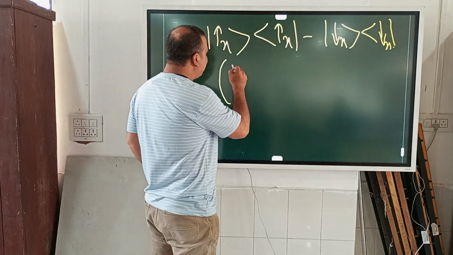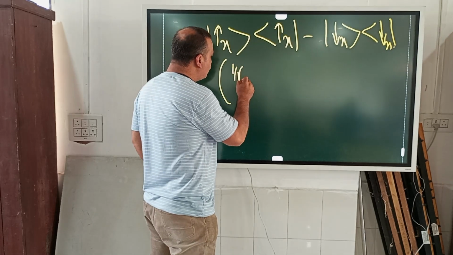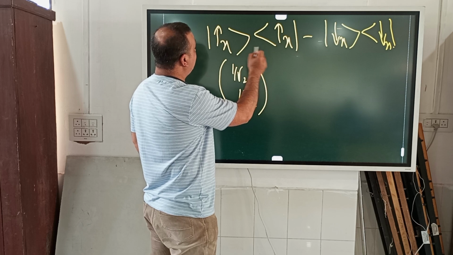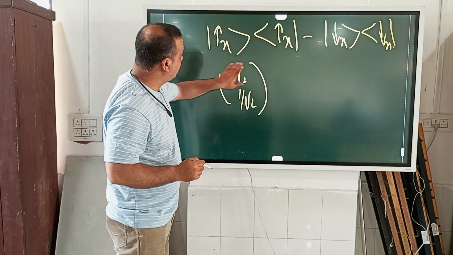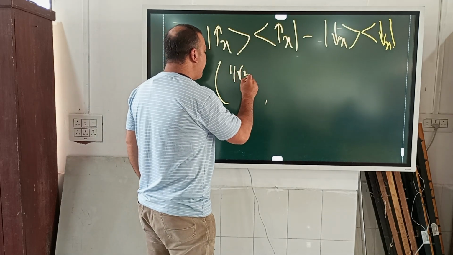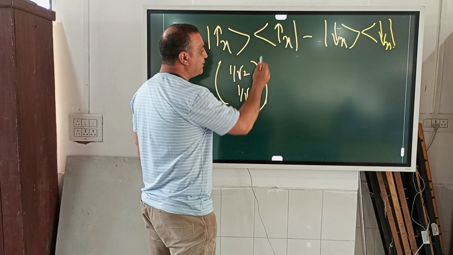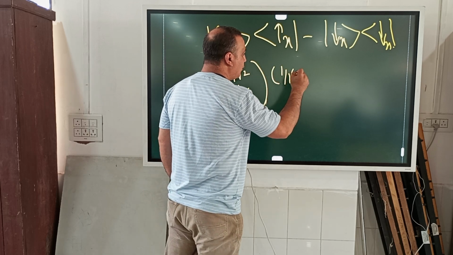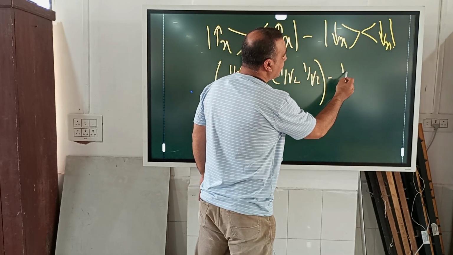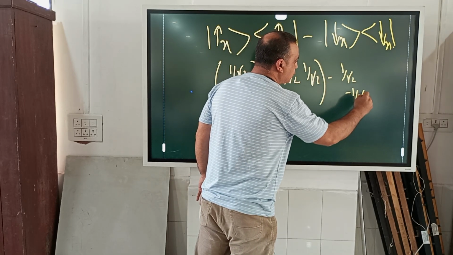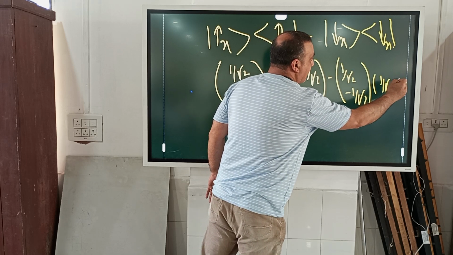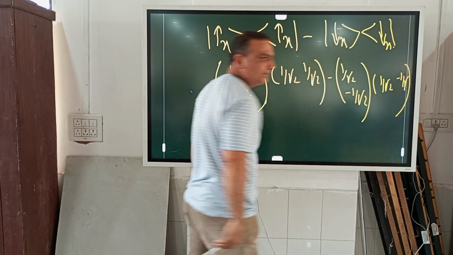It's a column matrix, 1 by root 2, 1 by root 2. This is the bra, I have written it wrong, no, this is the ket. This is fine. So this is the column 1 by root 2, 1 by root 2 times the row 1 by root 2, 1 by root 2. Then minus the column matrix 1 by root 2, minus 1 by root 2, times its row. Clear?